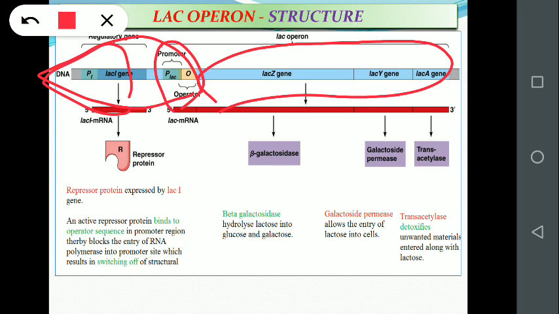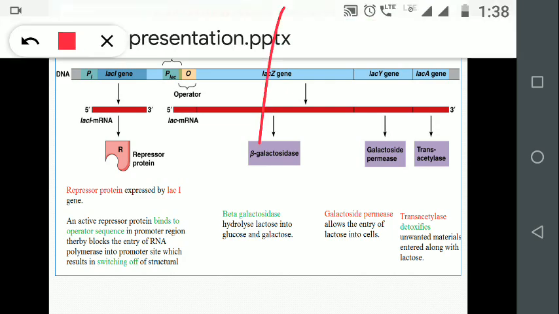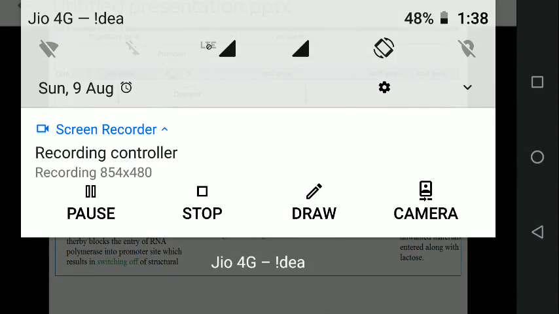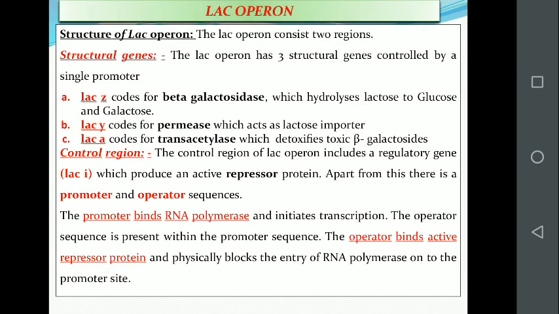The role of the promoter is to bind the RNA polymerase and start transcription, and the role of the operator is to bind the repressor molecule. That information is given in this slide.